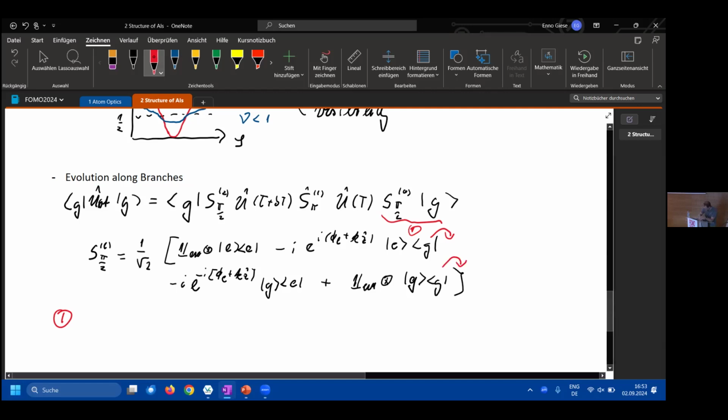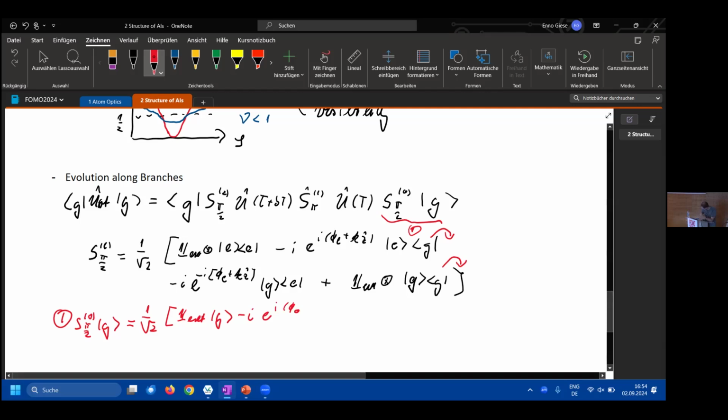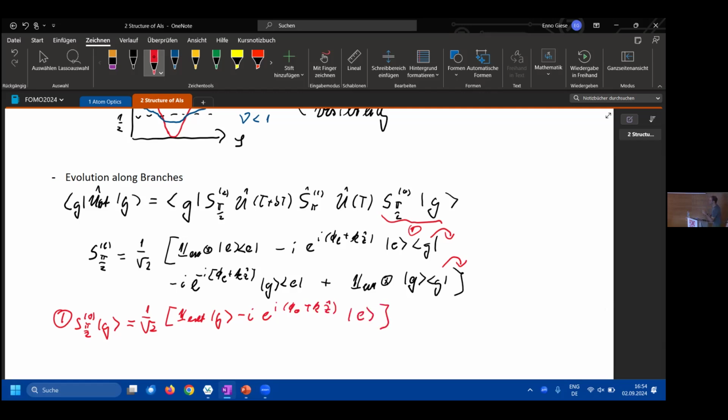So we know that S0 pi/2 on the ground state is equal to 1/√2 times identity external times G minus i times e to the i (phi naught plus kz) times the excited state. Okay? Good.